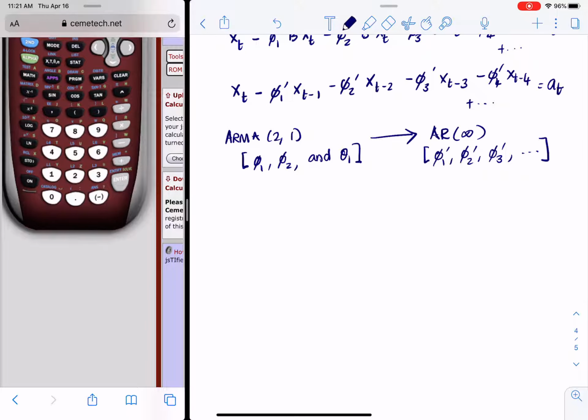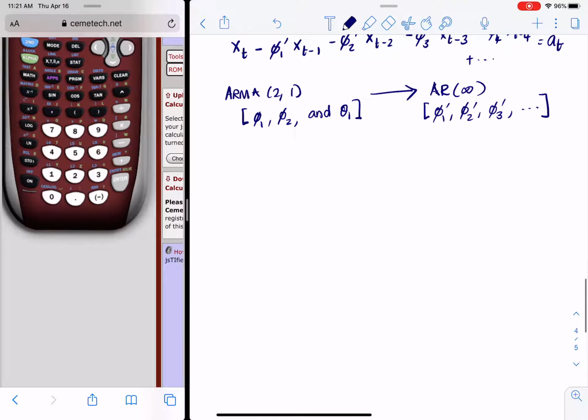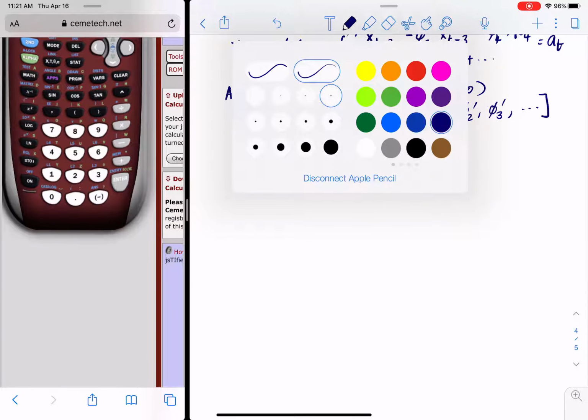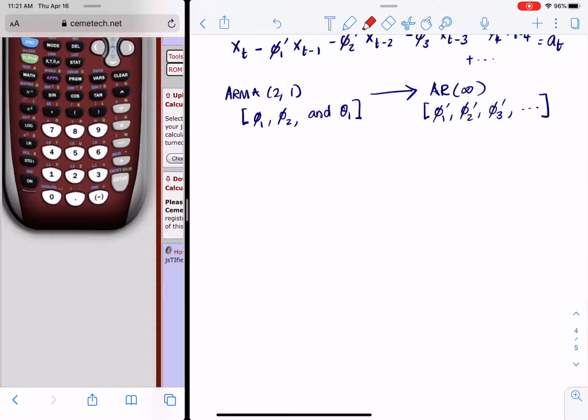Now, how do we determine the order? So we know that we have an ARMA P, Q, and P is 2 and Q is 1.